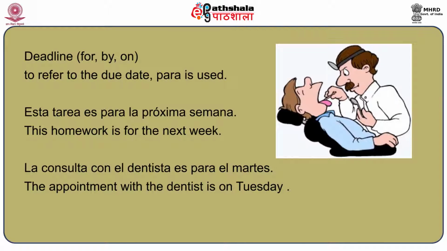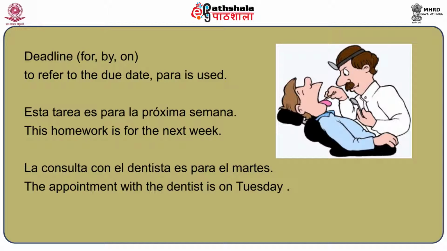For the purpose of deadline, para can be translated as for, by, on, and it refers to the due date. Esta tarea es para la próxima semana. I repeat, esta tarea es para la próxima semana.